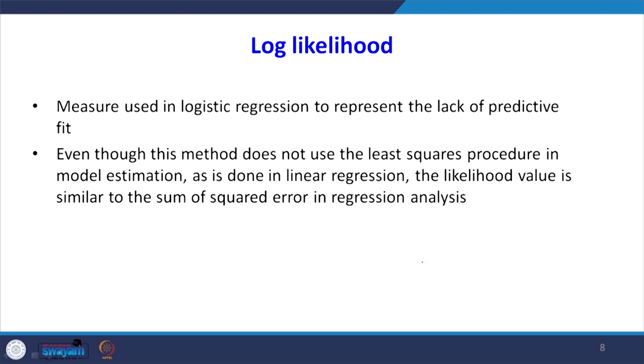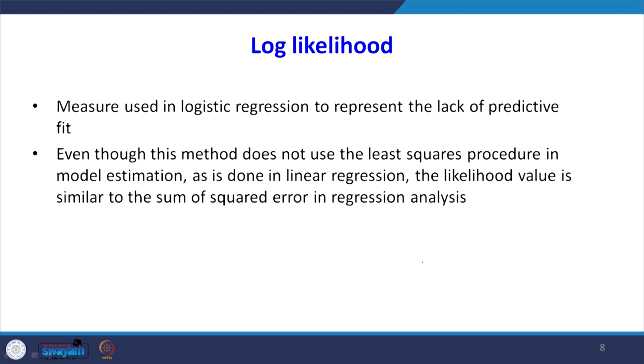Then log likelihood. It is a measure used in logistic regression to represent lack of predictive fit. So, the log likelihood is used to measure how much lack of fit is there. Even though this method does not use the least squares procedure in model estimation as is done in linear regression, the likelihood value is similar to the sum of squared error.